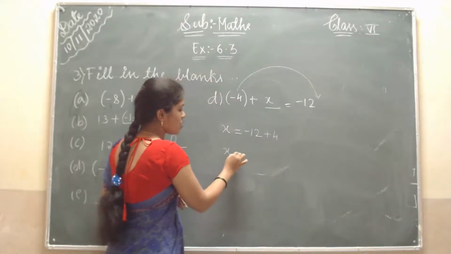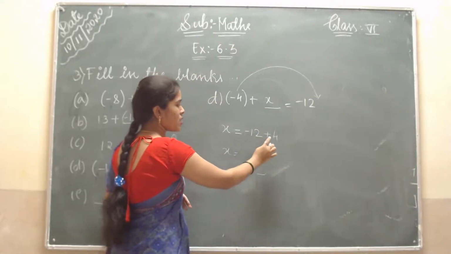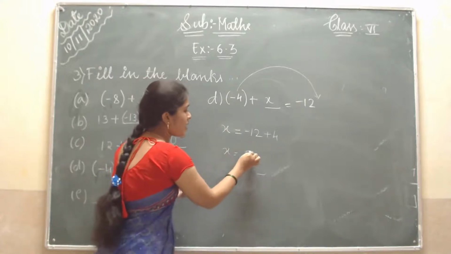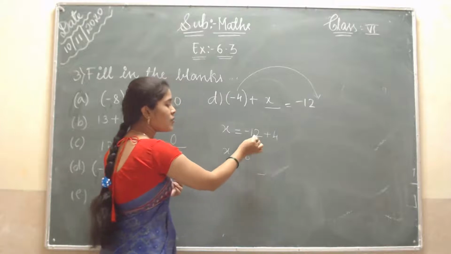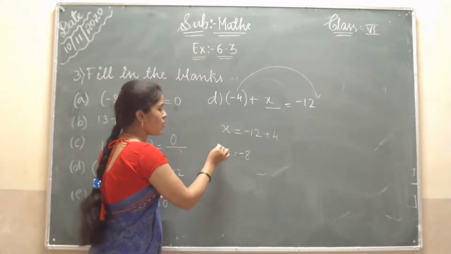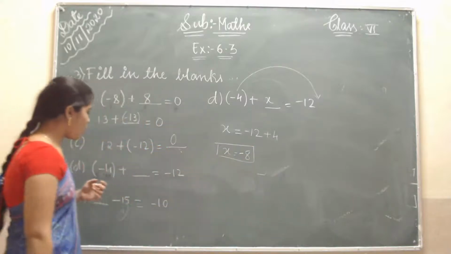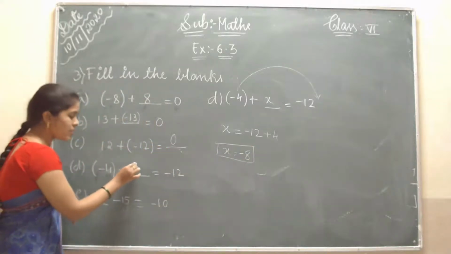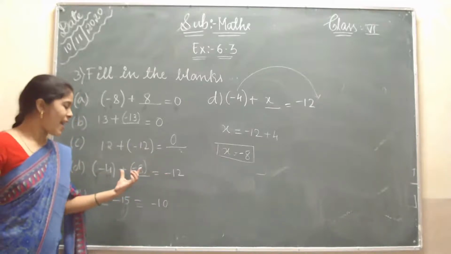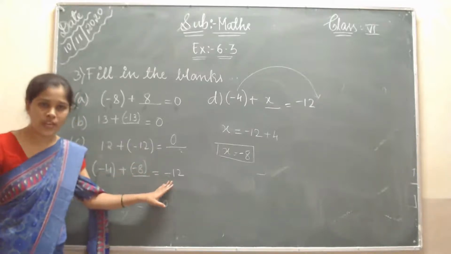So x is equals to minus 12 plus 4. One is plus, one is minus, so we have to subtract. 12 minus 4 is 8. But in these two integers, the 12 is negative, so we take the sign of the greater number. So minus 8. What is the blank here? Minus 8. So minus 4 plus minus 8, if we add these two, we get minus 12.